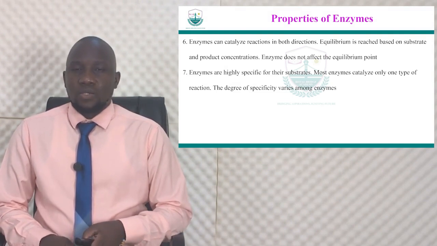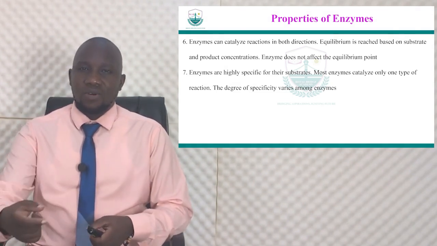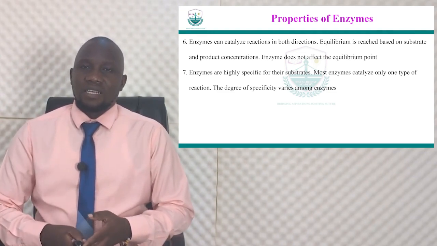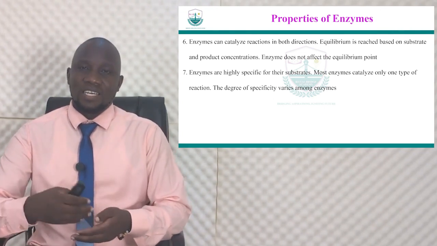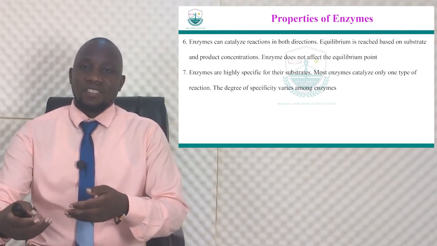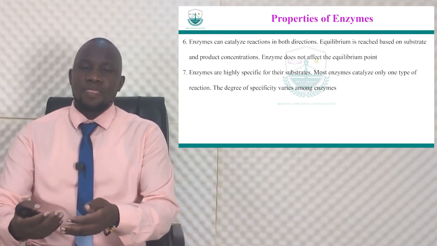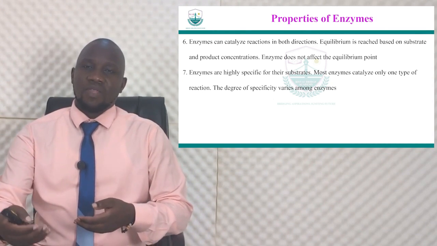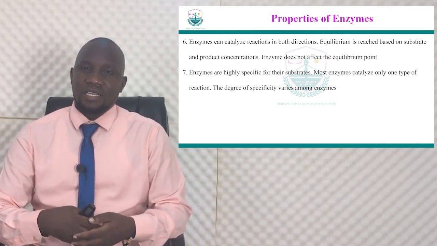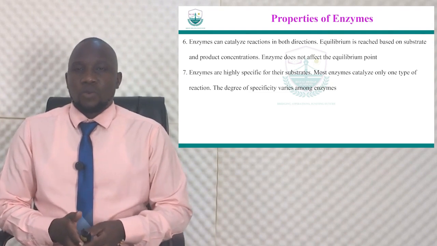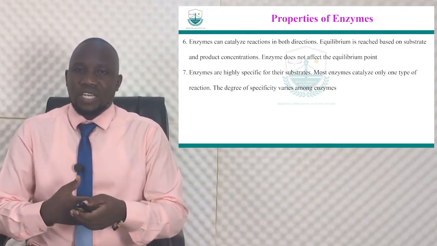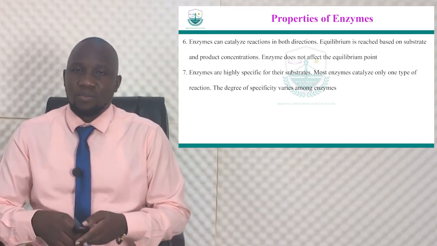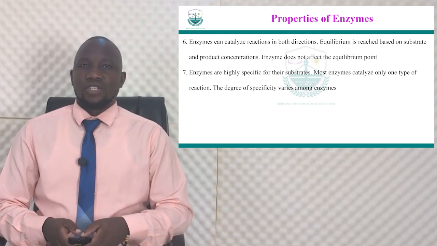And this reaction can be reversible or irreversible. So we have enzymes that can catalyze forward reactions, getting the products, and enzymes that catalyze the backward reaction, where from the products you want to get the substrate back. So we can have those reversible reactions, with one enzyme promoting the forward reaction and another enzyme promoting the backward reaction.